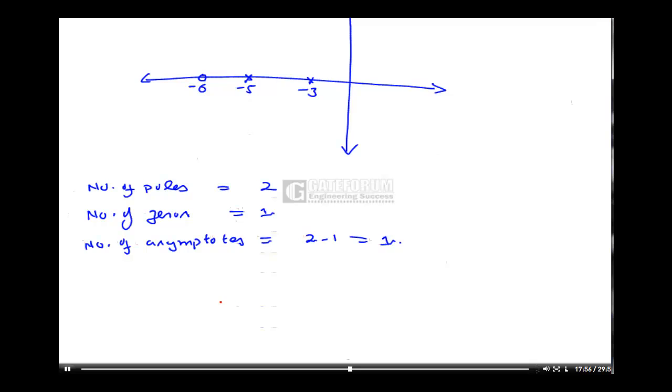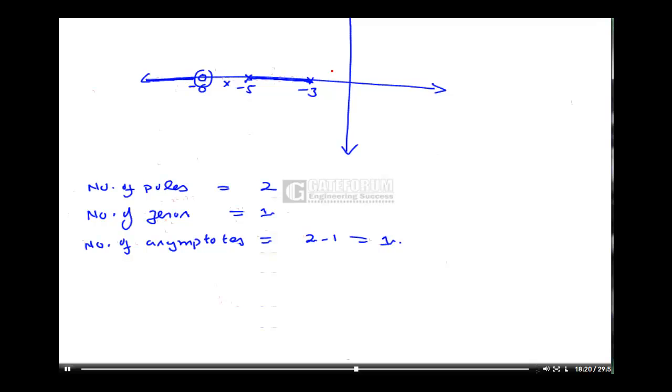Now what will happen, out of two poles, one pole will terminate at this zero, another pole will terminate at infinity. First, if we look at the number of poles and the region, root locus will lie in this region and root locus will lie in this region. It will not lie in this region.